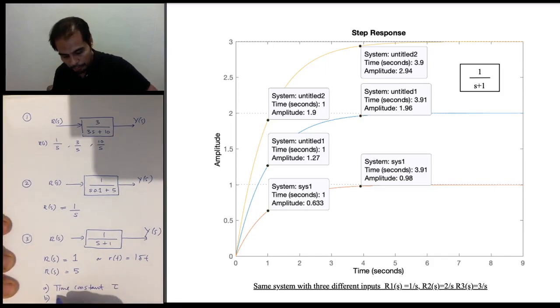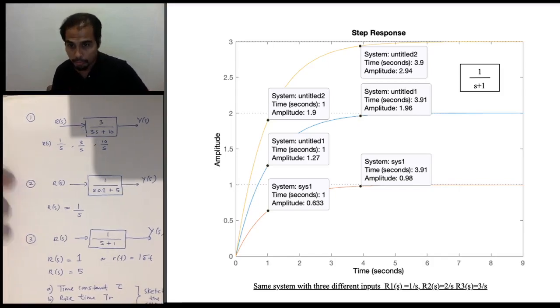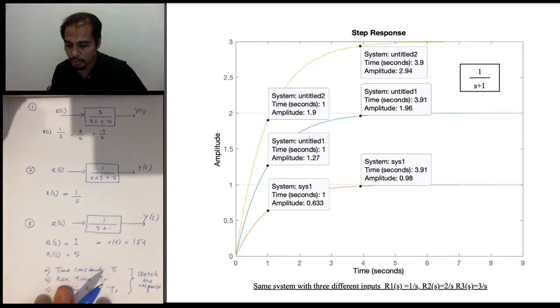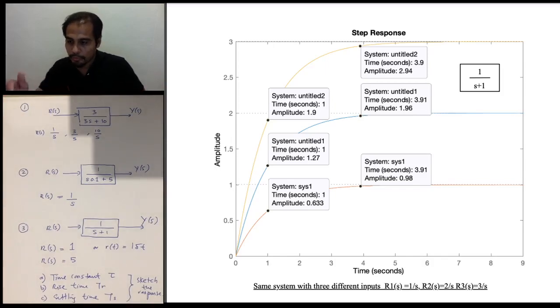So this is rise time, Tr, settling time, Ts, and then probably for all of this you need to sketch the response. Okay, it's important for you to try this, because if you don't try, you don't know how to get the parameters from the response.